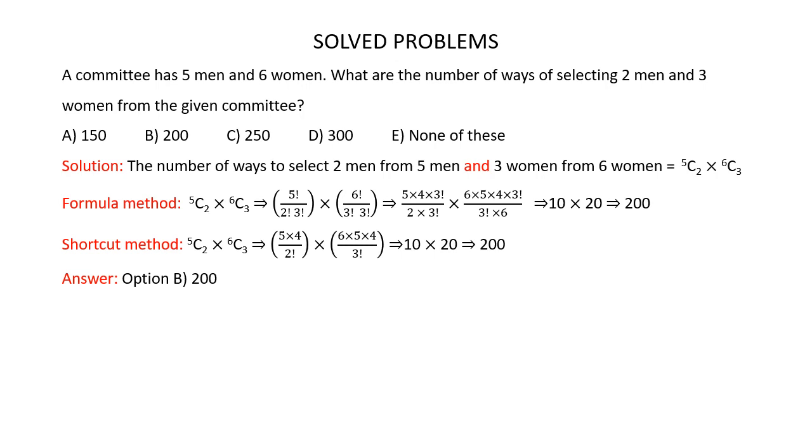Now on solving this, we get 10 multiplied by 20, which is 200. So there are 200 ways of selecting 2 men and 3 women from the given committee of 5 men and 6 women. So the correct answer is option B, 200.